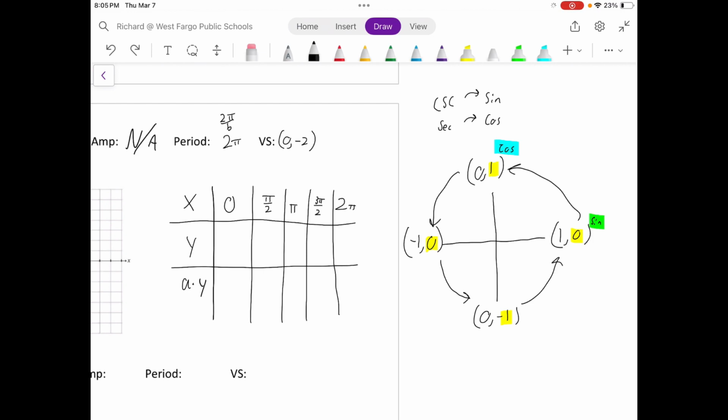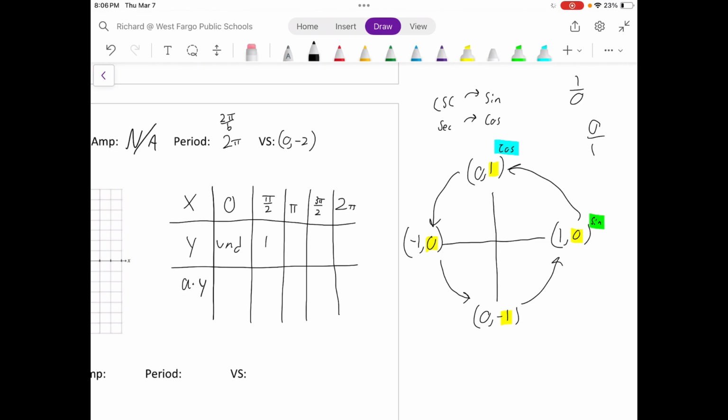Because sine starts at 0, which is technically 0 over 1, the reciprocal is 1 over 0, which is undefined. So for any number that's at 0, for cosecant, it's undefined. So our first number, because it starts at the same point as sine, will be undefined.